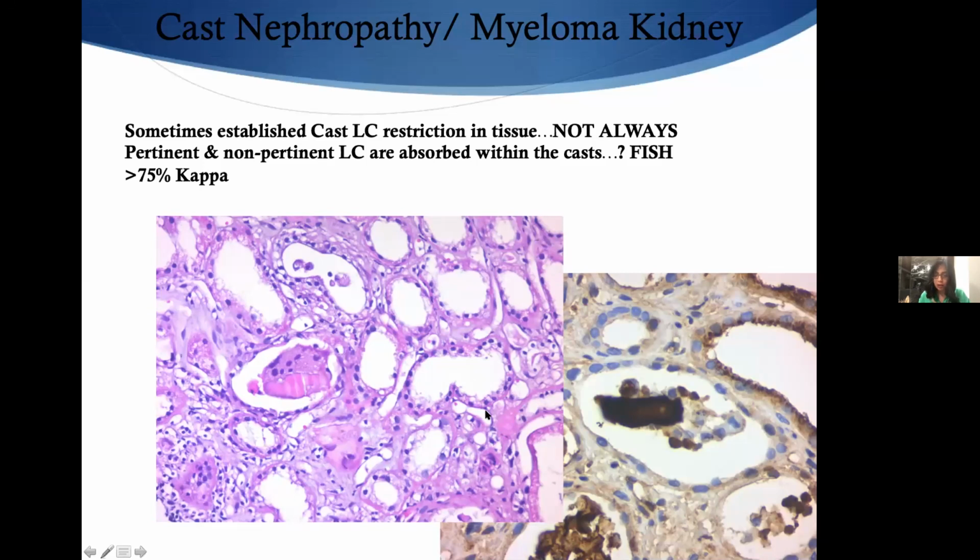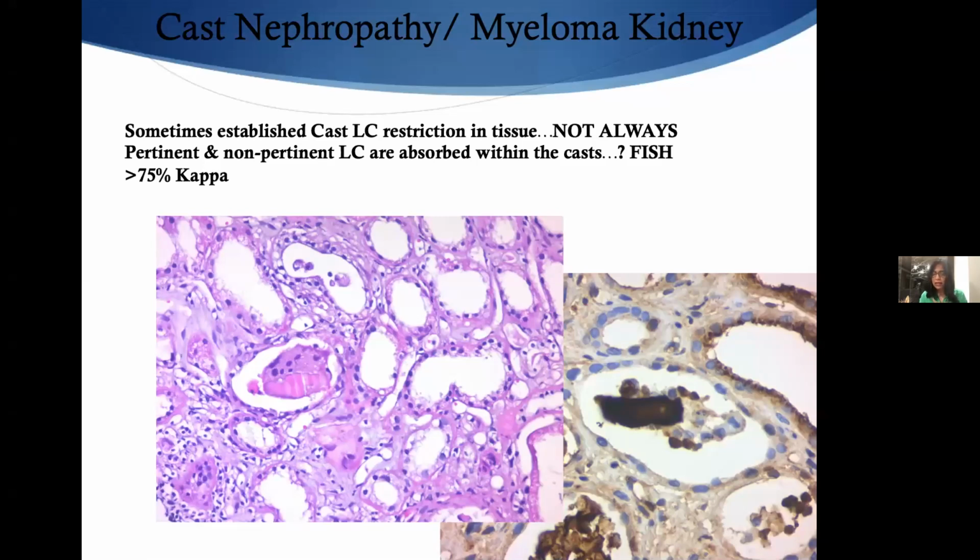Why can't you establish it? Because you also have a lot of other non-specific casts in the biopsy. And more importantly, by time, both the pertinent and non-pertinent light chains are absorbed within the casts. Meaning, if these are basically kappa, in the very early scenario, the casts are only kappa. But by time, these casts are also going to precipitate the lambda.